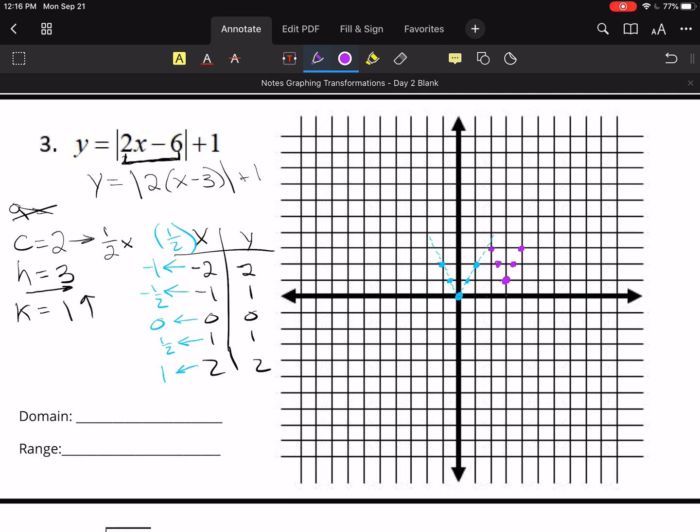So my final graph would look like this. So my domain would be all real numbers, and my range would be from 1 to infinity, or y is greater than or equal to 1.